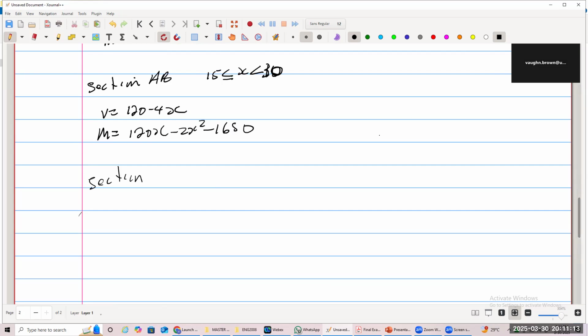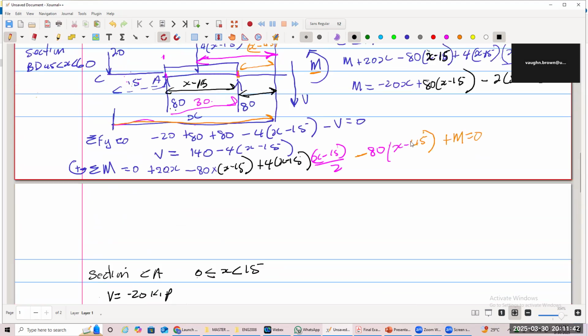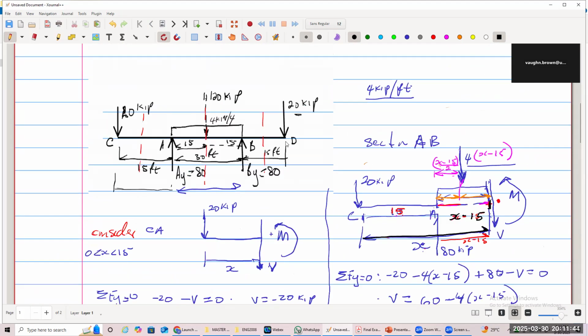And the last one, made on a section. For the last section, what did we call it? BD, right? So write down that one too. And the range of x was between... trying to remember, no, what was the range again? It was between 45 and 60.